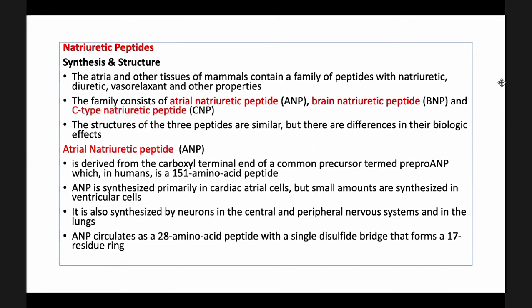So your ANP is synthesized primarily in cardiac atrial cells, but small amounts are also synthesized in the ventricular cells. So they are also synthesized by neurons in the central and peripheral nervous system and in the lungs. So your ANP circulates as a 28 amino acid peptide with a single disulfide bridge that forms your 17 residue ring.